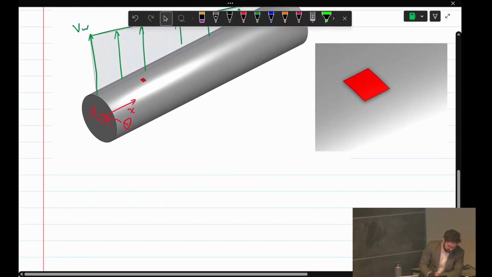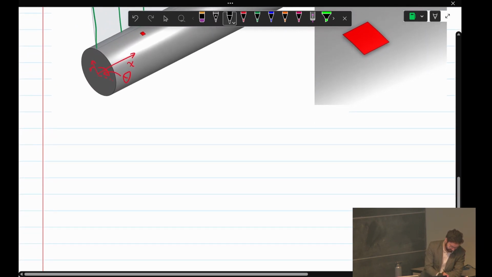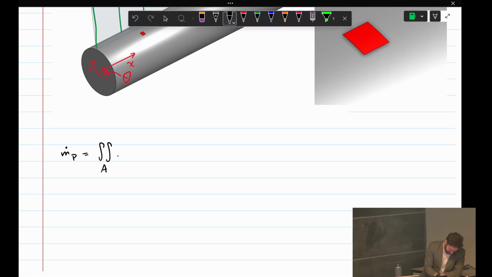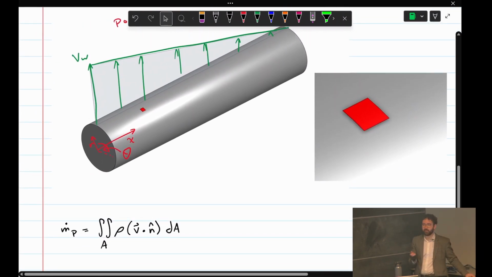Okay. So our integral definition of the mass flux, if you look back at your notes, is this here. It's the area integral of rho v dot n hat dA. Our velocity, so we don't have a planar inlet, right?